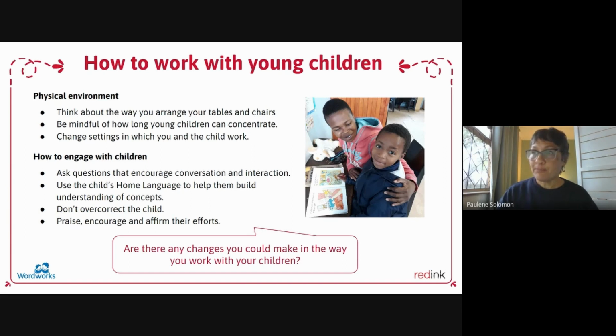So the second point there is, be mindful that the children who come to your center, your after-school program, may not be getting tutored in the language that's their own. And we know the value of a child's home language, the child's mother tongue.